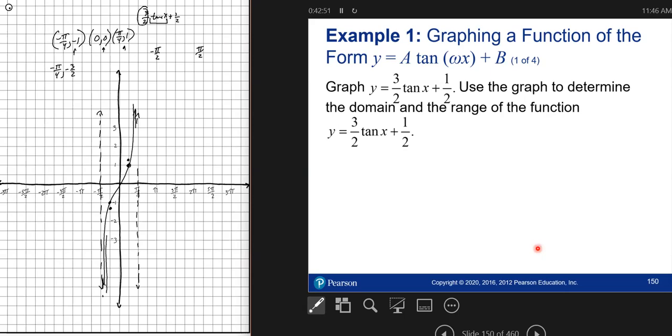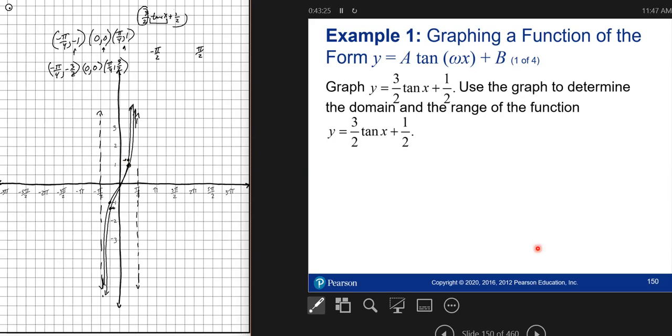And 0 stays at 0, because 3/2 times 0 is still 0. And 3/2 times the 1 is 3/2. So that's what I did here.